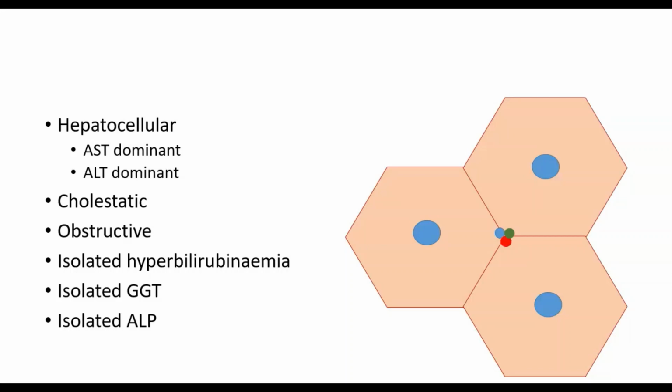It is, however, important to note that Gilbert's syndrome is a diagnosis of exclusion, and so you should rule out an early obstructive cause prior to making this diagnosis.